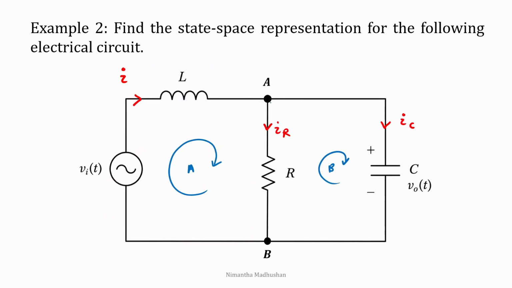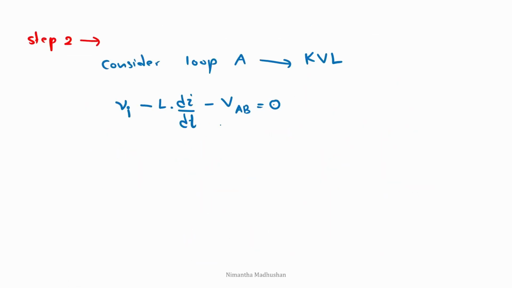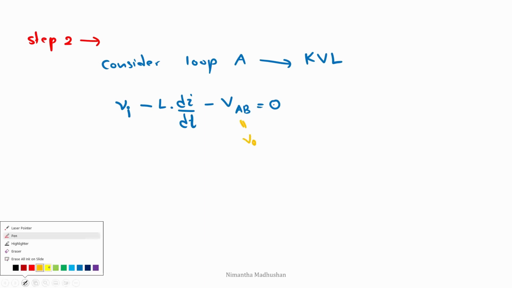If we consider the voltage between A and B, it is equal to voltage across the resistor or voltage across the capacitor, and it will be equal to Vout. Then VAB is equal to Vout. That is a selected state variable.